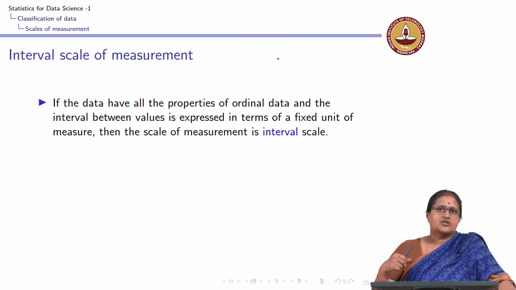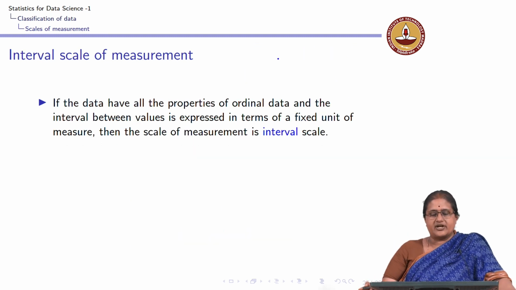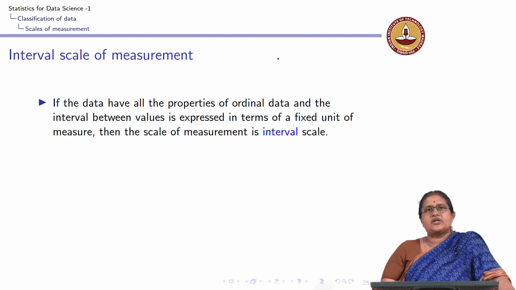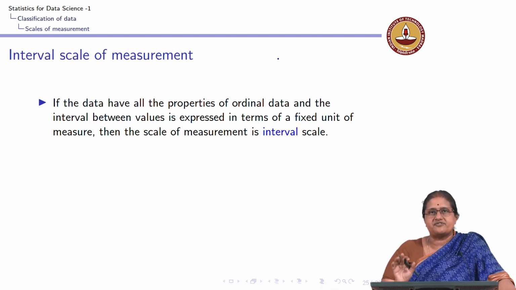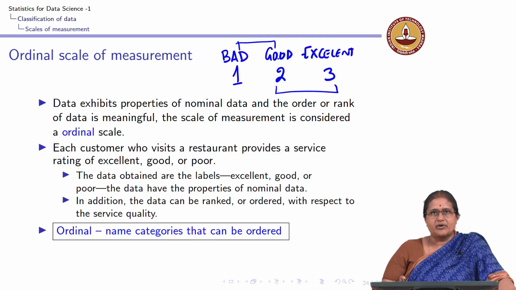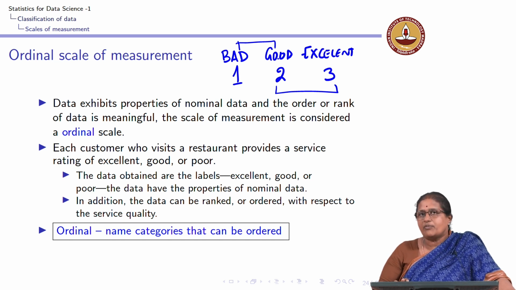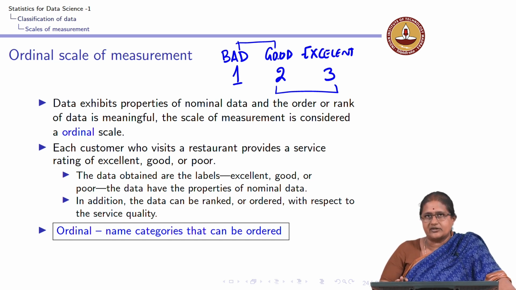So, when I go to the interval scale, it has all the properties of the ordinal scale, but the interval between the values is expressed as a fixed unit of measure. Remember, when I said bad, good and excellent, I said the difference between good and bad need not be the same as the difference between excellent and good.